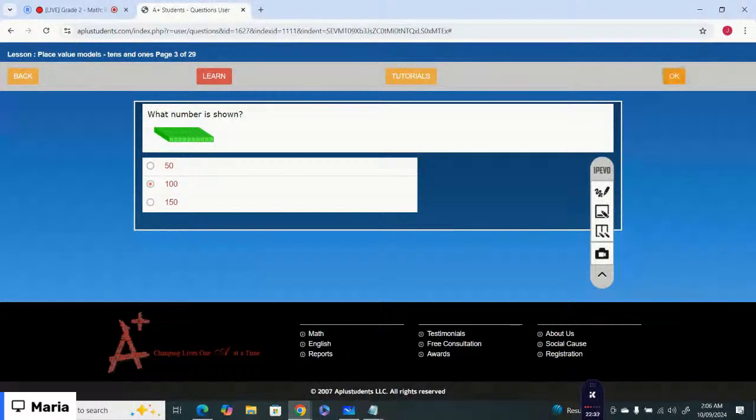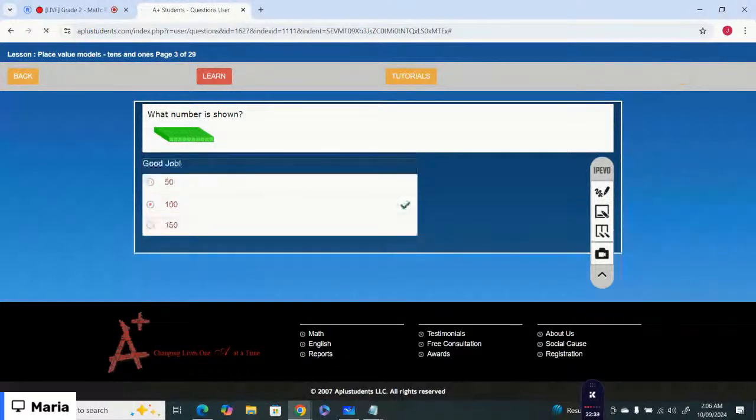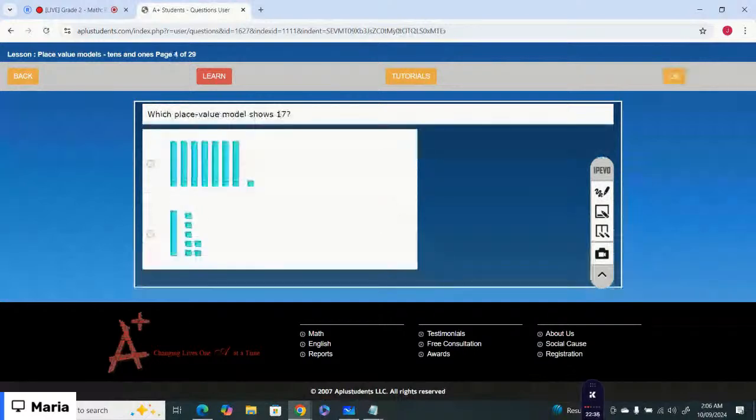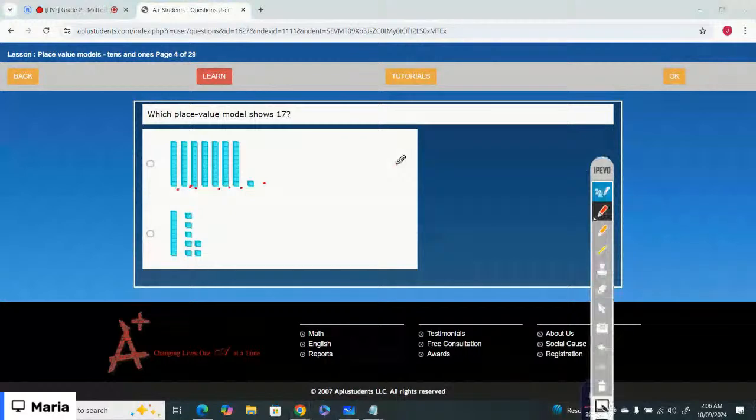The correct option is 100. Which place value model shows 17, which is the correct option? Basically, 17 means you have 1 ten and 7 ones, right? So option number 2 is the correct option.